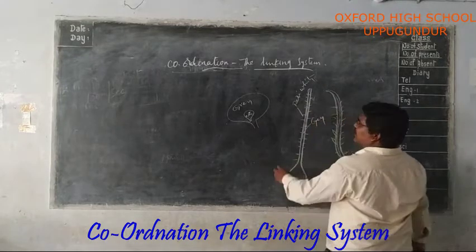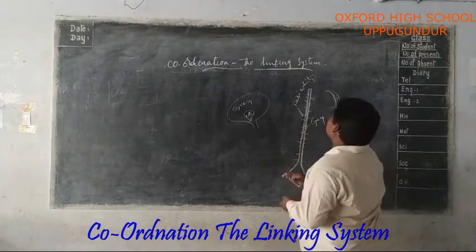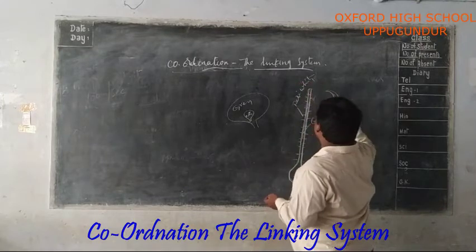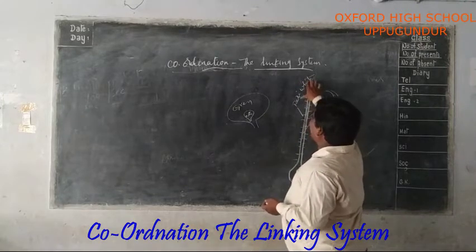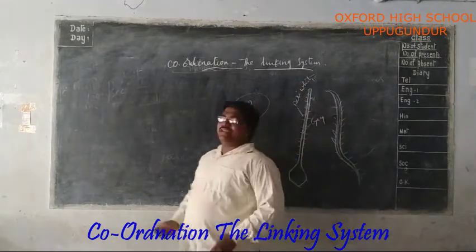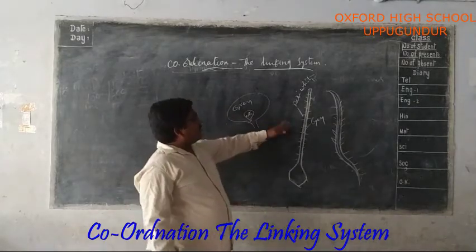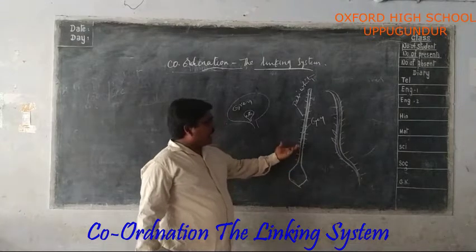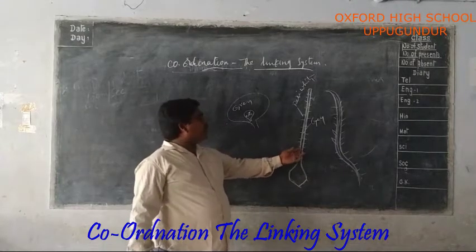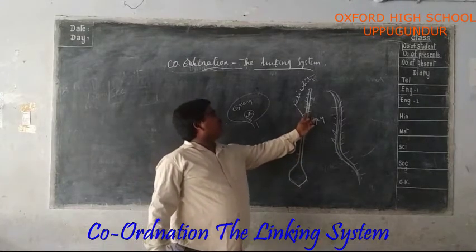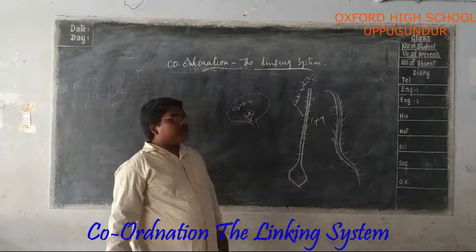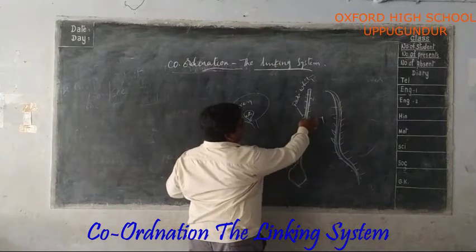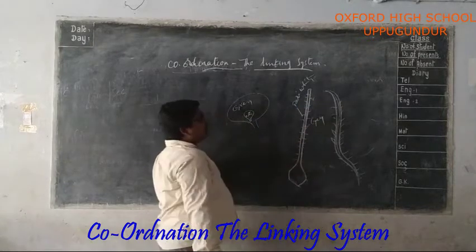Gray matter is present at the center and white matter at the periphery. Okay, now from the sides of the vertebral column of the spinal cord, the nerves arise. See here, the nerves are arranged from the sides of the spinal cord.